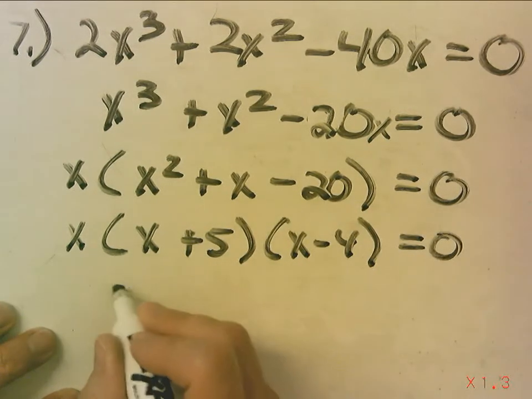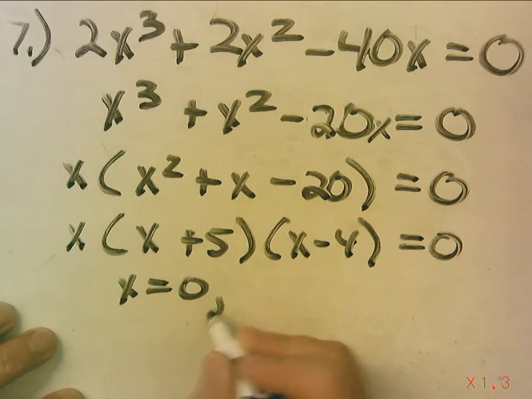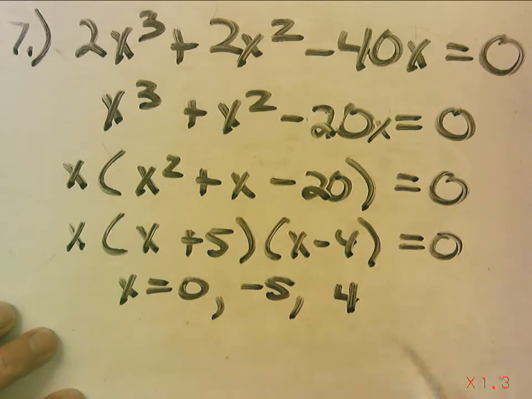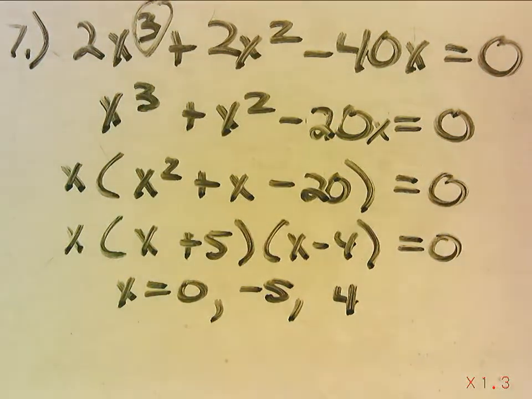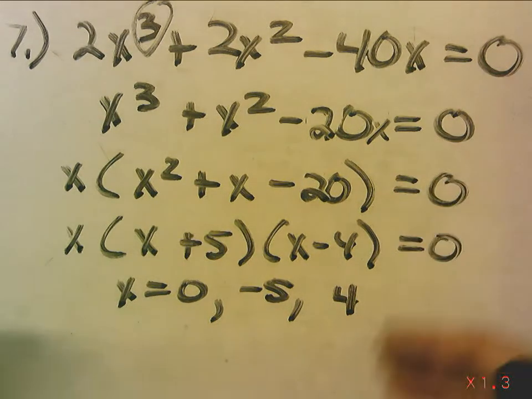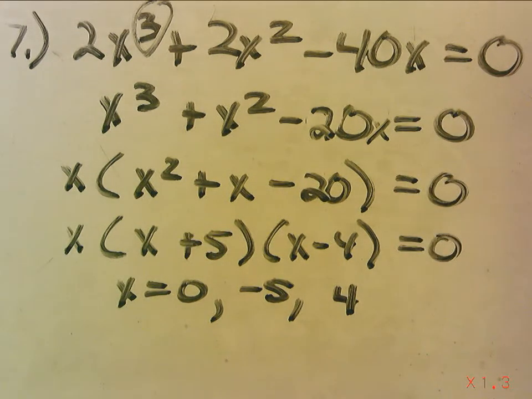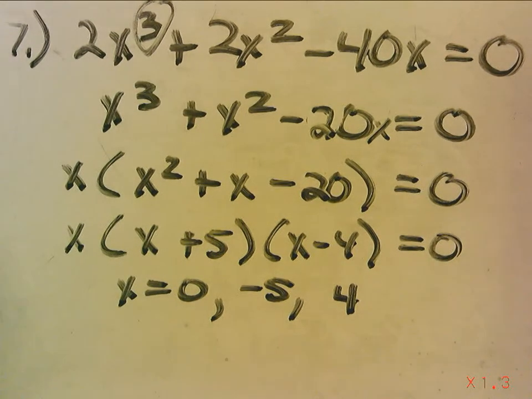So now I know I end up with three answers: x equals 0, negative 5, and 4. Why was I expecting three answers? Because it was originally 2x cubed. Remember, always look to see if there's a GCF. If there's an equation, we divide by the number. We can never divide by the variable.